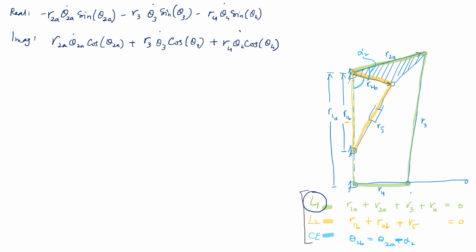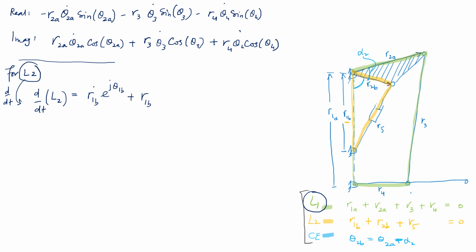For the L2 expression, after taking the time derivative, you are going to find out like this: d by dt of L2 is going to be equal to, using the Euler notation and the polar form, R1b dot e raised to power j theta 1b plus R1b theta 1b dot j e raised to power j theta 1b, and these were the two terms that we have previously mentioned as well while doing the other exercise.